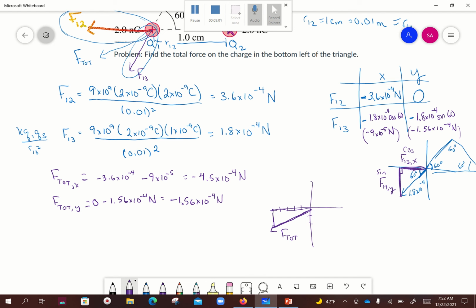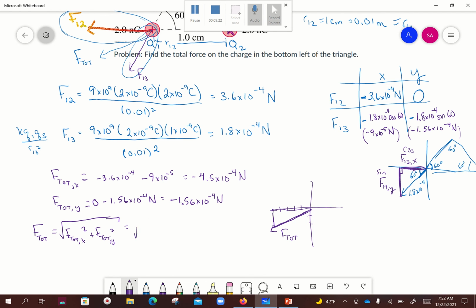All right, so what we're always asked is find the magnitude and find the direction. So the magnitude of that vector, that's easy. You just use Pythagoras' theorem, right? So F total is the square root of F total x squared plus F total y squared.